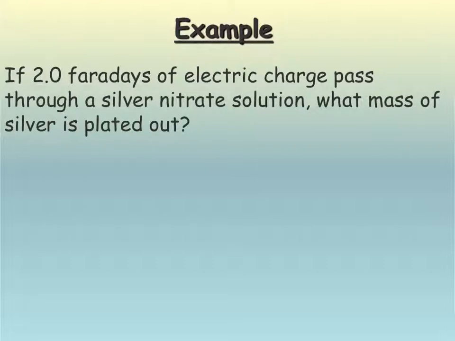If 2 Faradays of electric charge pass through a silver nitrate solution, what mass of silver is plated out? So we got 2 Faradays, and 1 Faraday is equal to 96,485 coulombs, and I know that 96,485 coulombs is equal to 1 mole of electrons.